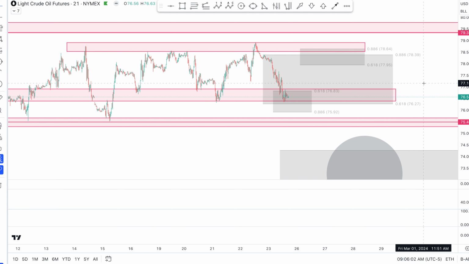What my personal thing is, I used to get really attached to the projections of Fibonacci because they all project higher. You can always measure something and project higher. Where is it going? And I've been doing that for years and having some success with it, somewhere in the 50 to 60% success of trading.